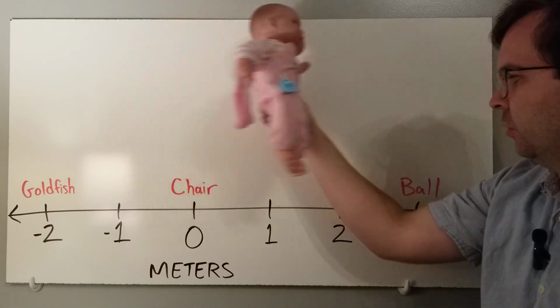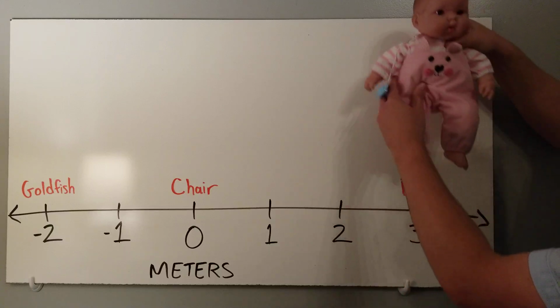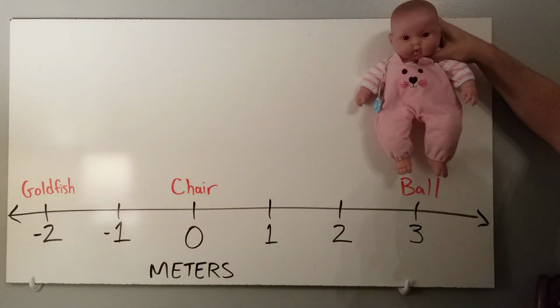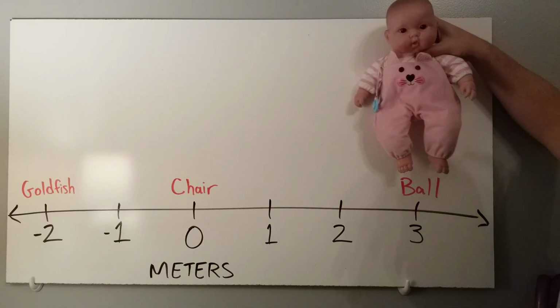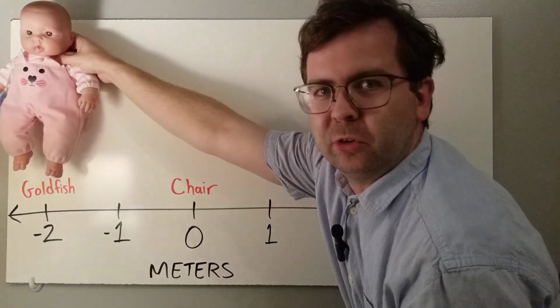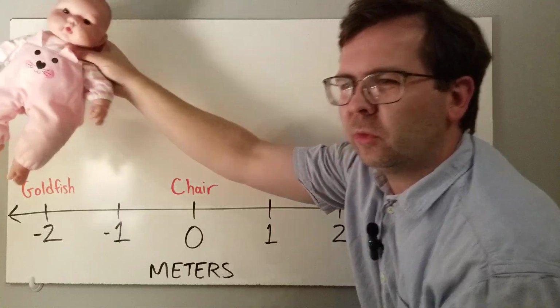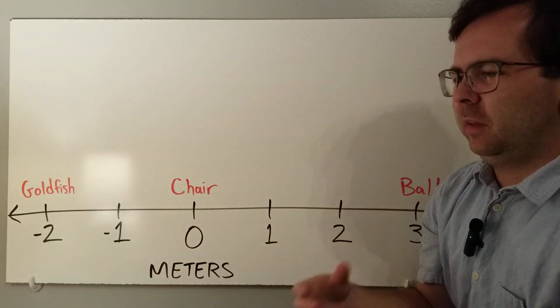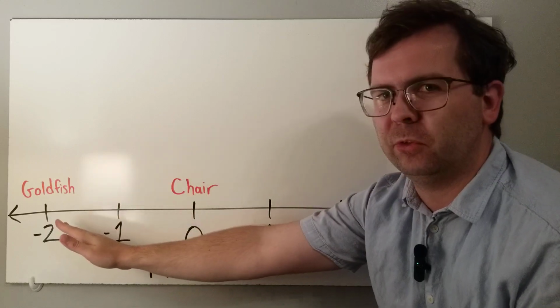If you go from the chair to the ball, you're going from 0 to 3 meters. So over here, the baby is at a position of 3 meters. It gets a little bit more confusing if you say the baby is at a position of negative 2 meters over here. But the negative part doesn't really mean anything about the kind of position other than it's to the left of the 0.